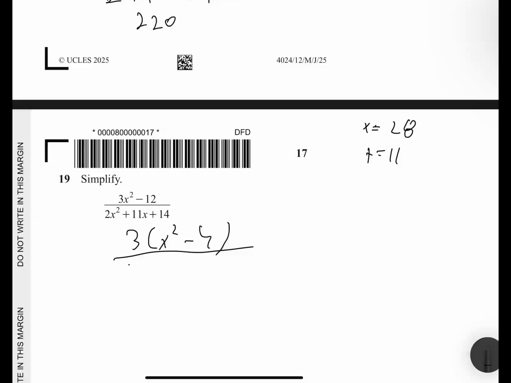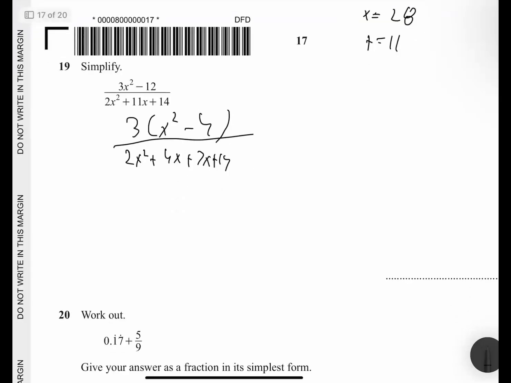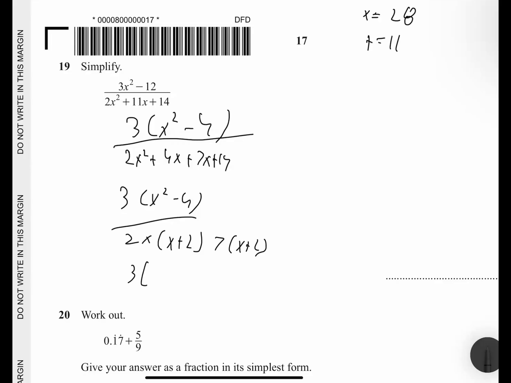So 2x squared plus 4x plus 7x plus 14. And 3x squared minus 4. So 2 common x plus 2, and then 7 common x plus 2. And 3, you get x plus. Now notice in the upper bracket, you can use an identity: a square minus b square is equal to a plus b, a minus b.